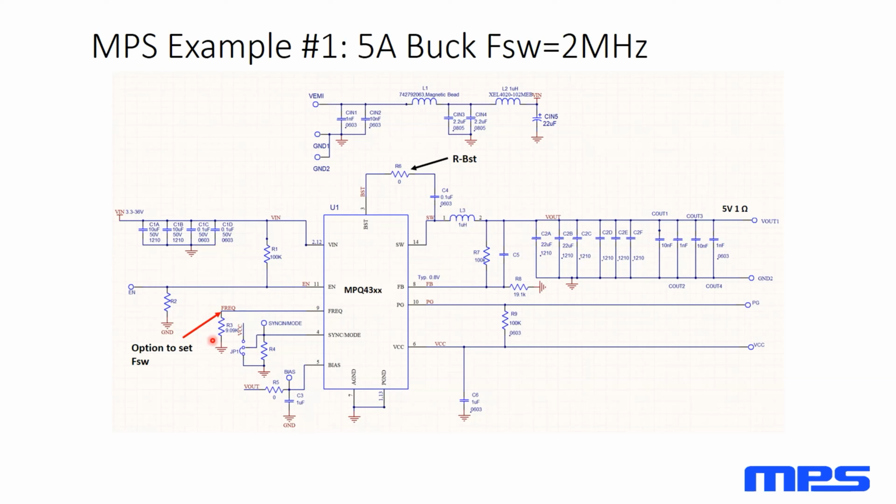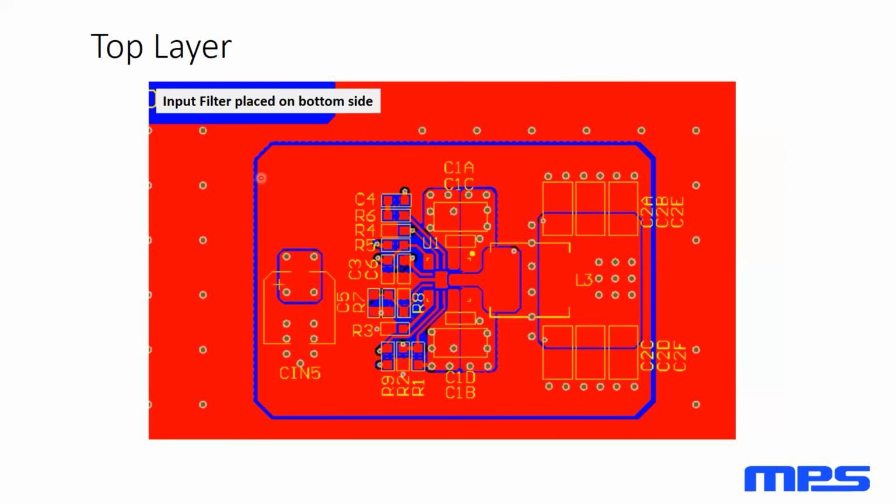This particular device has a frequency pin where you can select your switching frequency based on the resistance out here. And we also have our bootstrap power supply, which provides energy to switch the high side N channel MOSFET. In our EVB, we typically do have placement for a boot resistor, set to 0 generally on our EVBs, but it's there just in case.